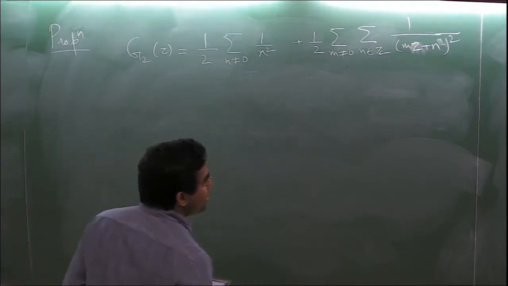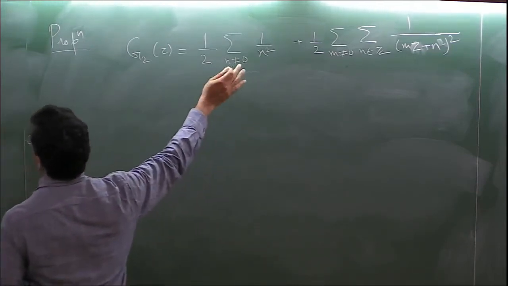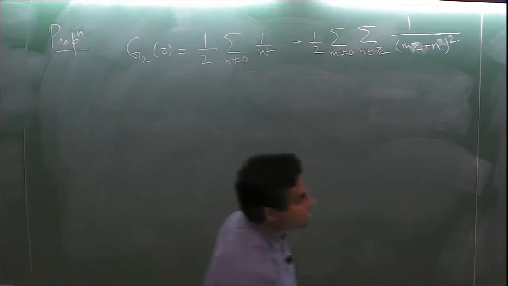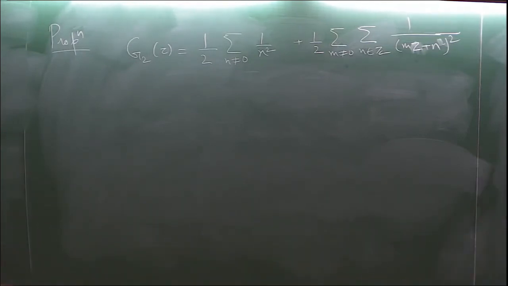You can show that the Fourier expansion of this is minus 4 pi squared times this, using the same kind of argument, but you have to be very careful at this step.